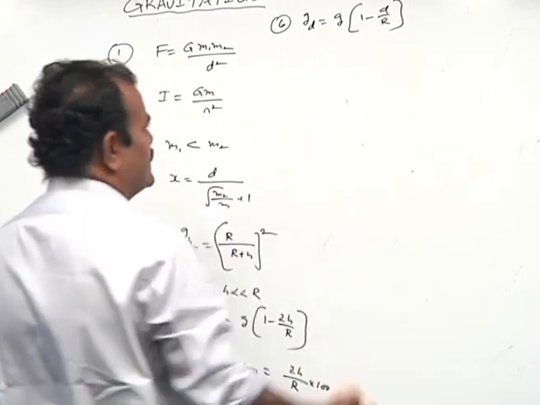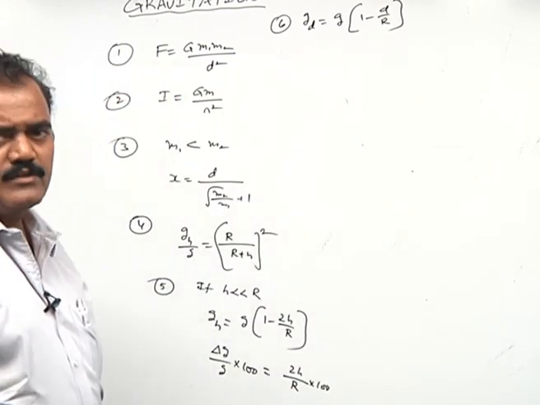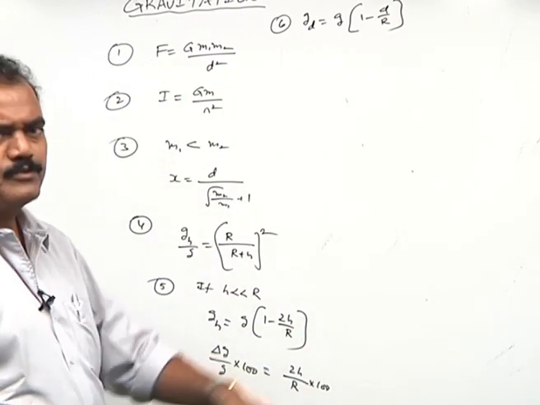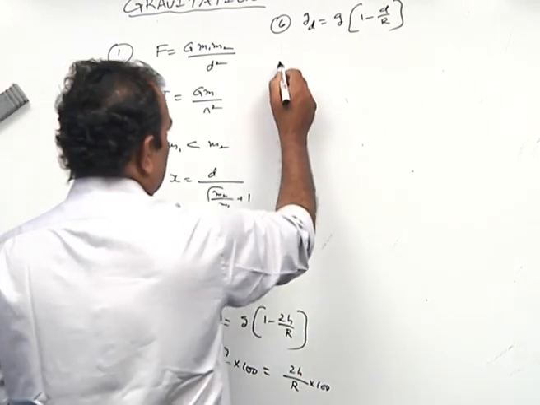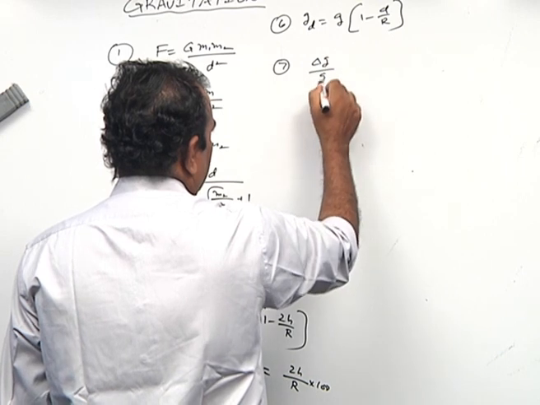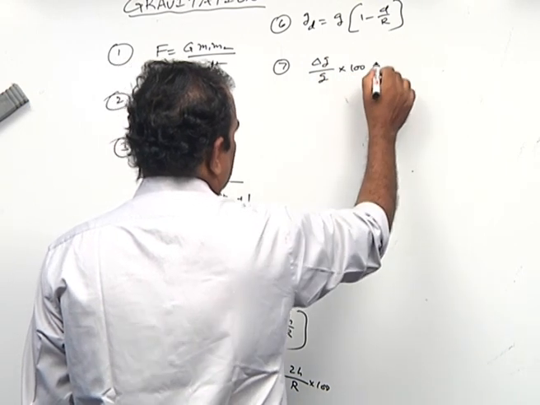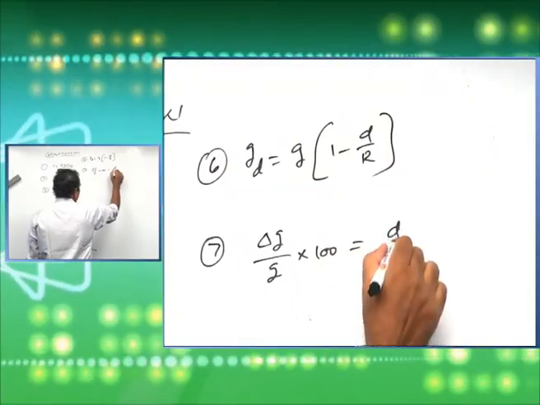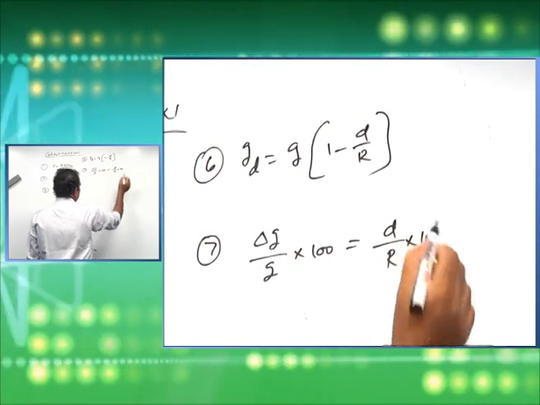And for the percentage decrease in small g when the body is taken to smaller depth only, the formula becomes delta g by g into 100, that is equal to d by R into 100.